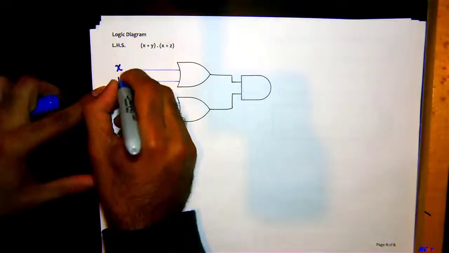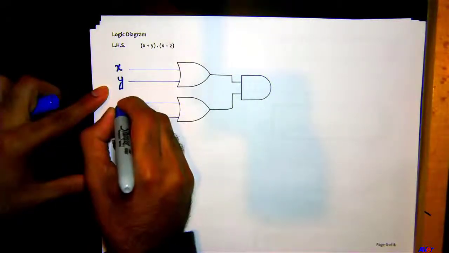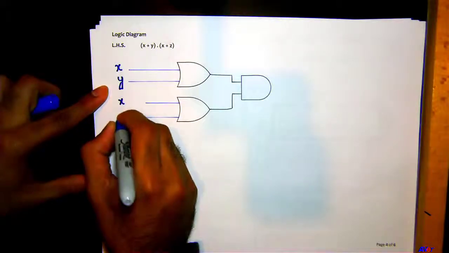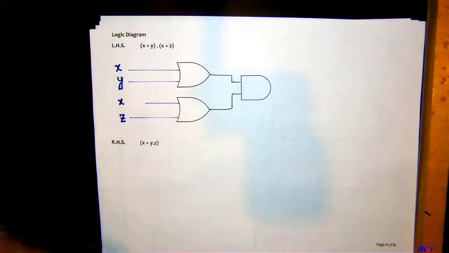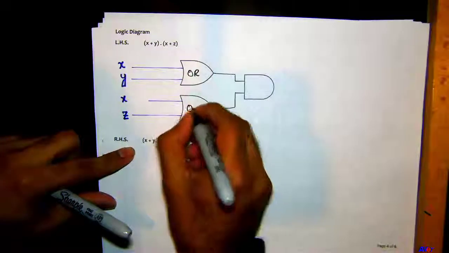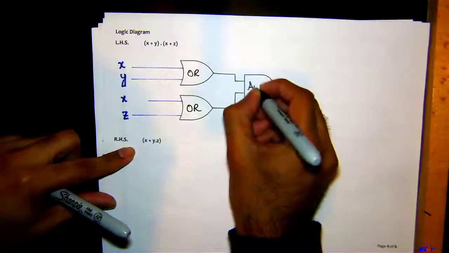This is going to be my Y. This is going to be my X here again, and this is going to be my Z. Okay, we know that this is a OR gate. This is my AND gate.